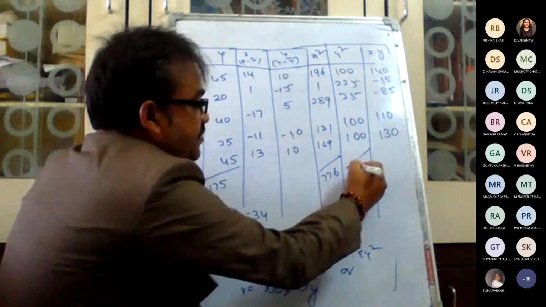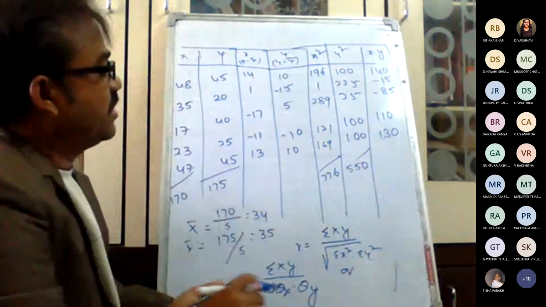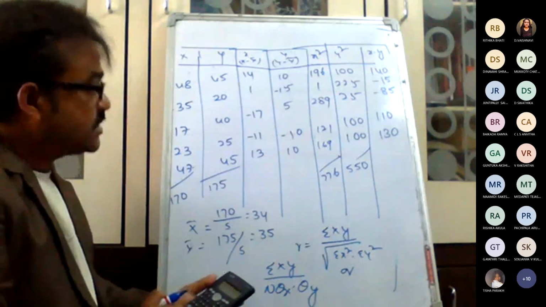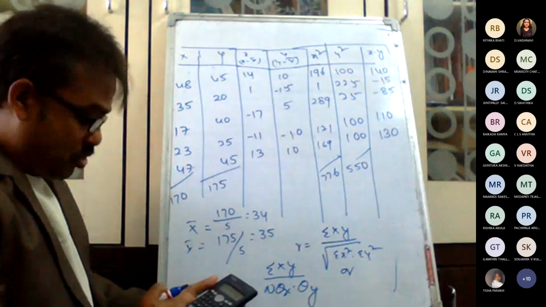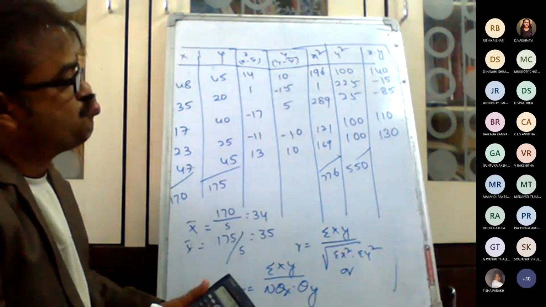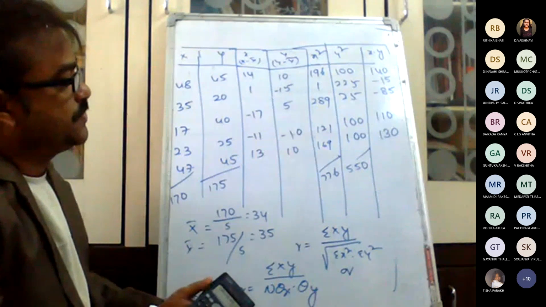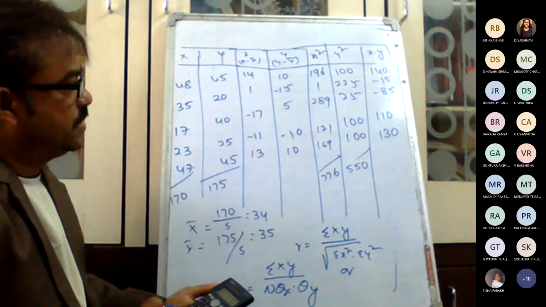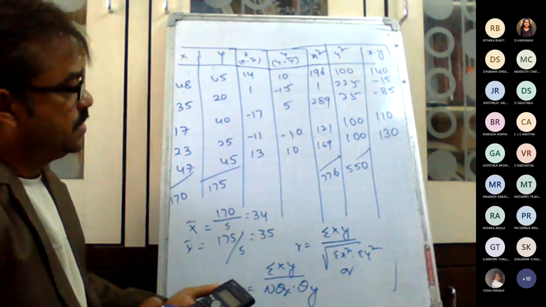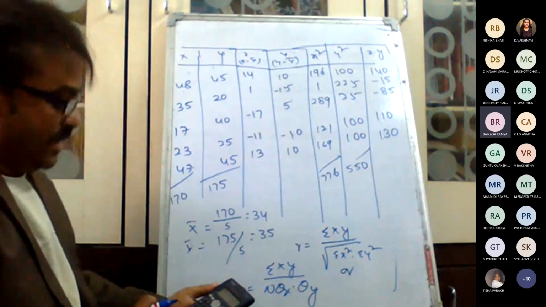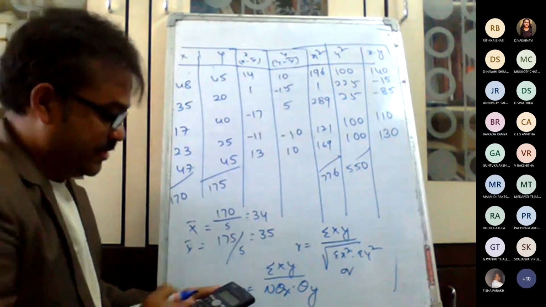Now sigma xy: 140 minus 15 minus 85 plus 110 plus 130 is 280.